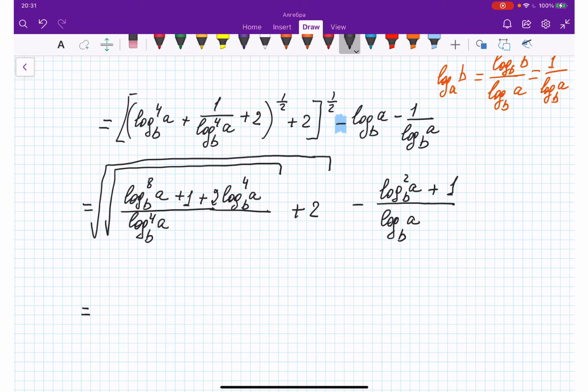Okay, from here, what do we have? Logarithm a by base b to power 8 plus 2 logarithm a by base b to power 4 and plus 1, that's a perfect square where my a is equal to logarithm a by base b to power 4 and b is equal to 1, right?